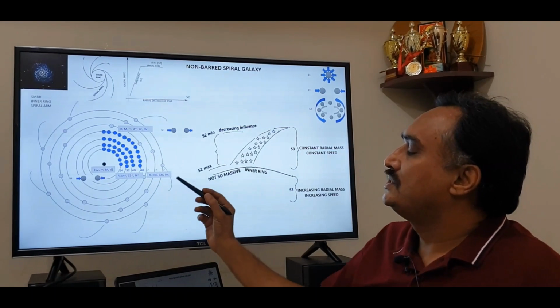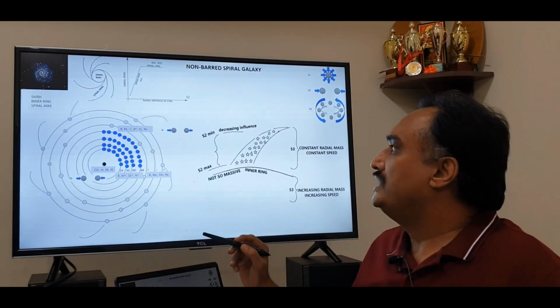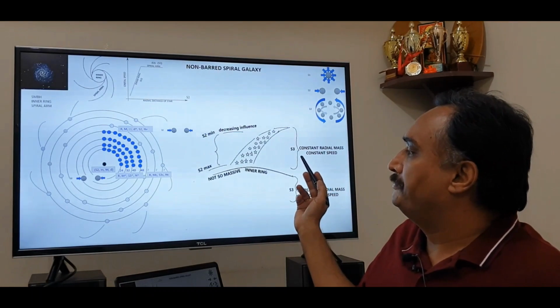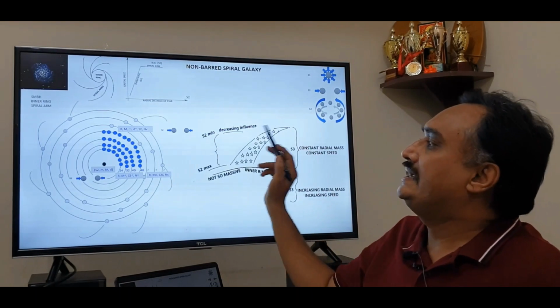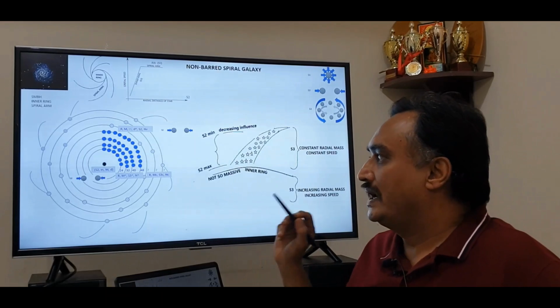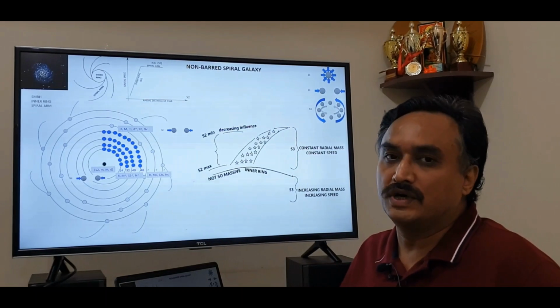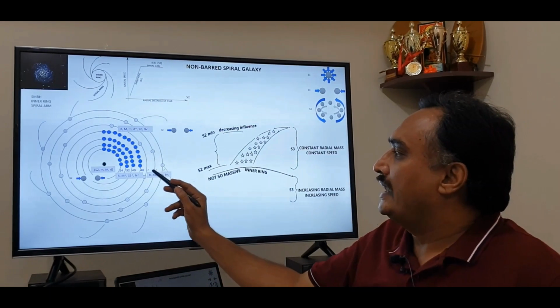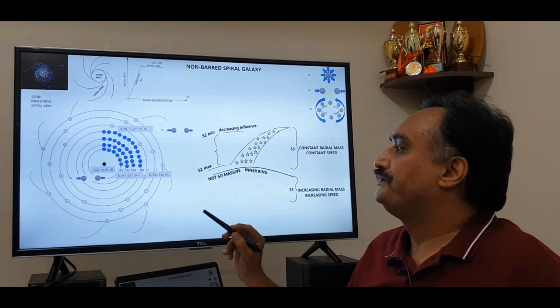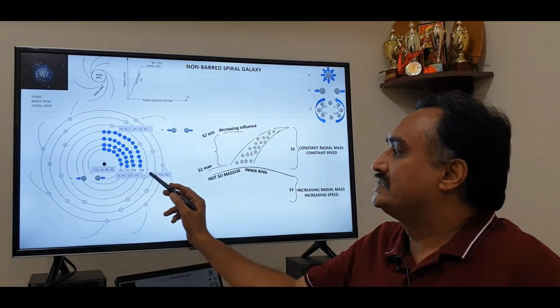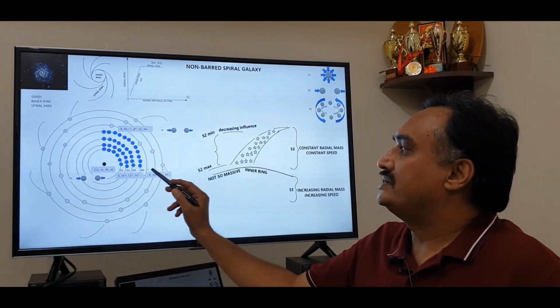Now what happens when we come to the spiral arm? In the spiral arm you have the play of S3 as well as S2. So let us first see how S3 works out. As you move away in the spiral arms, you will see that the mass remains constant.